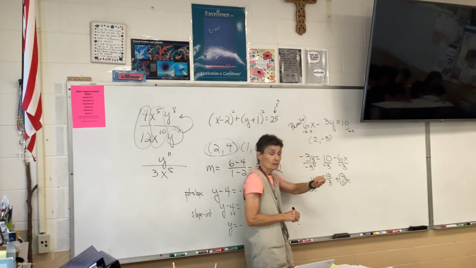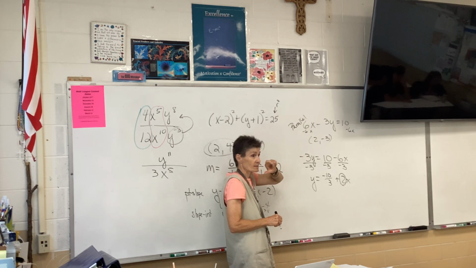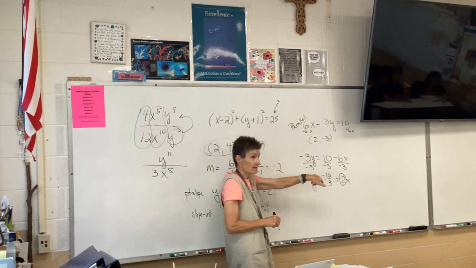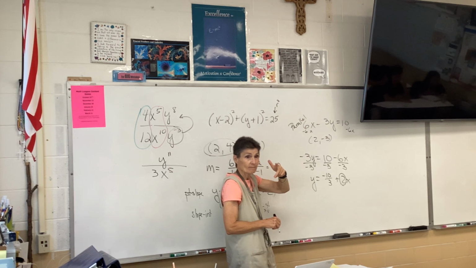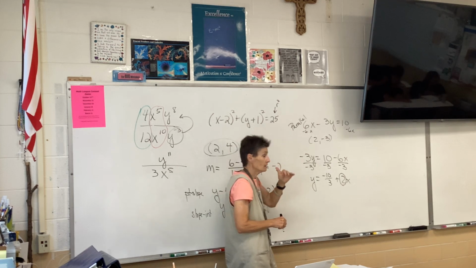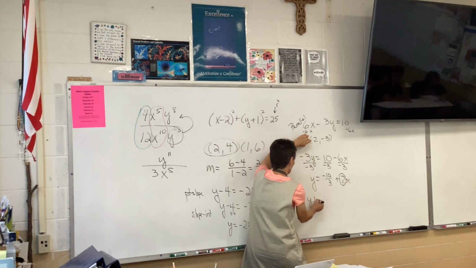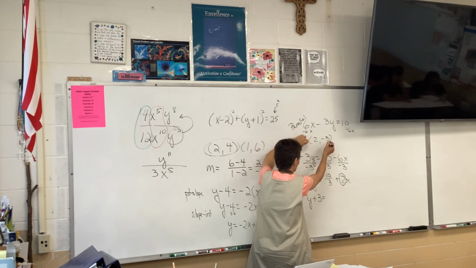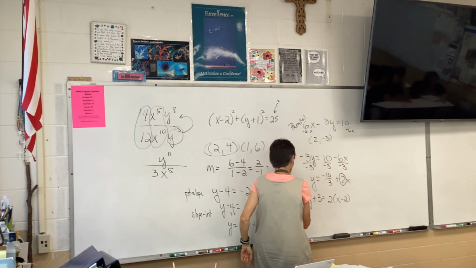Now, I want to be parallel. So what slope should I use? The same one. If I were perpendicular, I would use negative 1/2. But I'm parallel, so I'm using the same slope. So y + 3 = 2(x − 2).